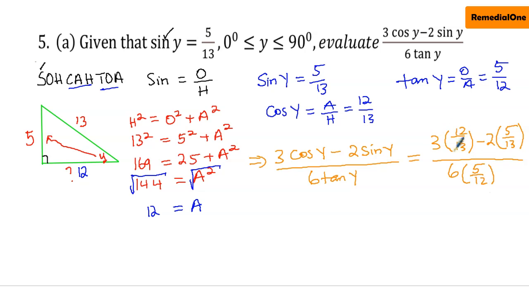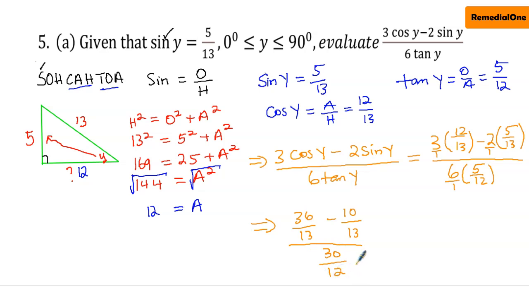Most of the time students have trouble with this, so be careful. Every whole number is over 1. So here, over 1, over 1. Okay, so I'm bringing it here. That implies that this is multiplying the numerator. So 3 times 12 is 36 over 13, because 1 times 13, minus 2 times 5, 10, over 1 times 13, 13, divided by 6 times 5, which is 30, over 12.